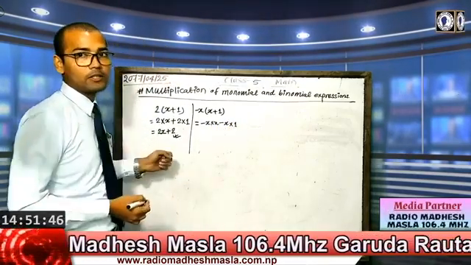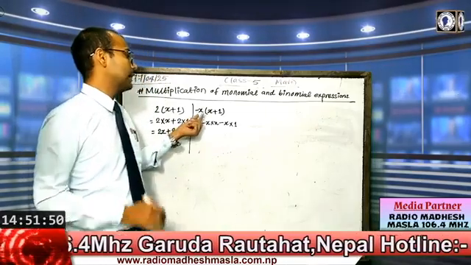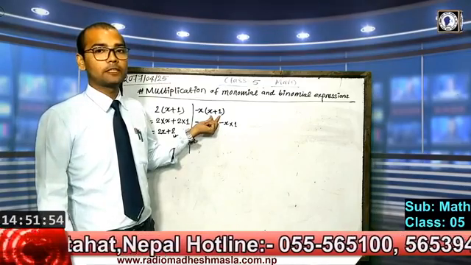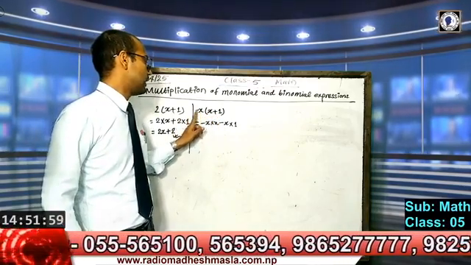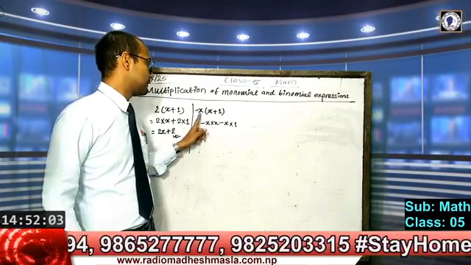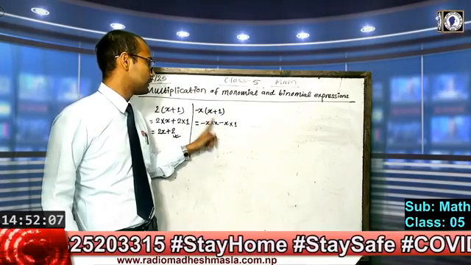I hope you are understanding it. We should multiply the terms of the binomial expression by the monomial expression one by one. So here we multiply first the sign, minus into plus, minus, then x into x. Then minus into plus, minus, then x into 1.